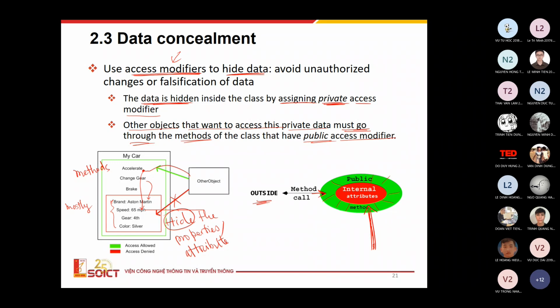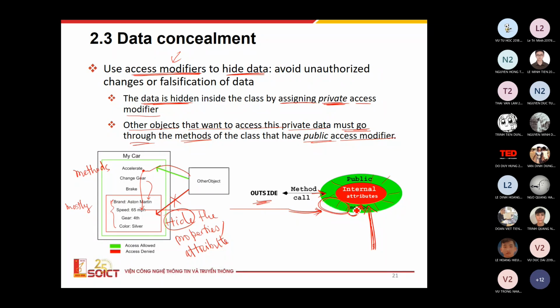Và bằng cách che giấu như vậy thì nếu muốn cho bên ngoài sử dụng thuộc tính ở trong lõi này, mình định nghĩa ra một phương thức. Bản thân phương thức này sẽ truy cập được vào cái lõi này, bởi vì nó trong cùng lớp. Và bên ngoài lúc này chỉ có tương tác được với phương thức public này mà thôi.